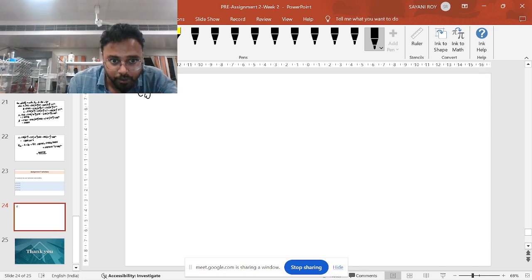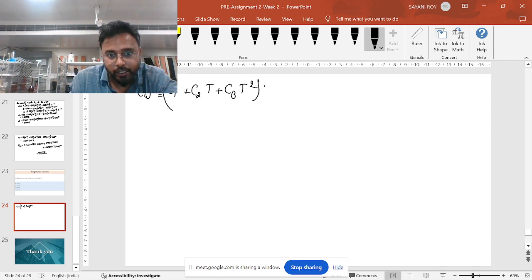It's Cw equal to C1 plus C2 T plus C3 T square, whole thing into 10 to the power minus 6.